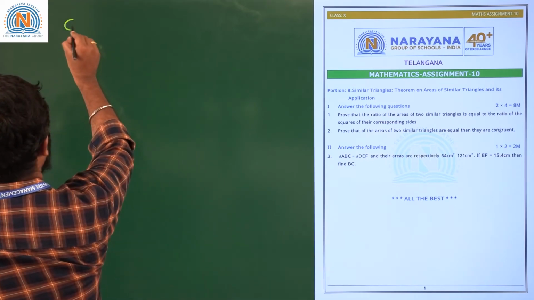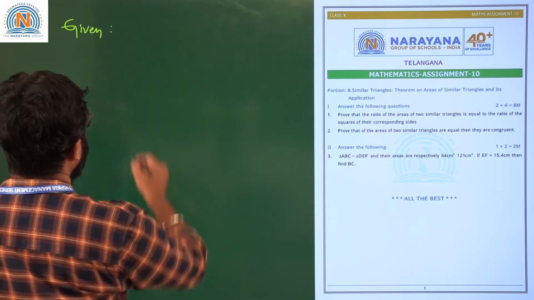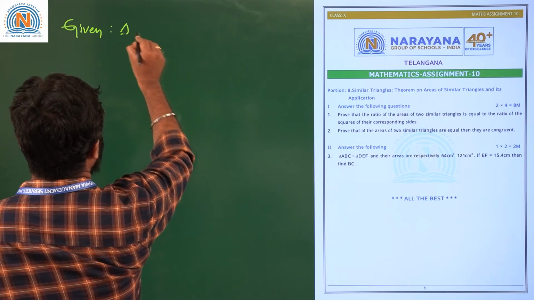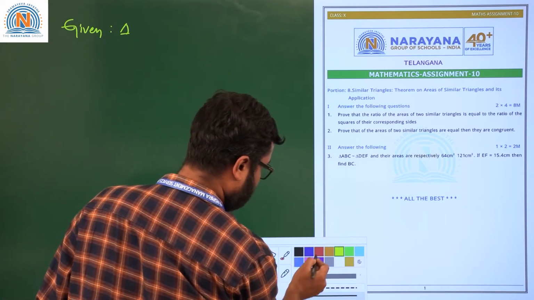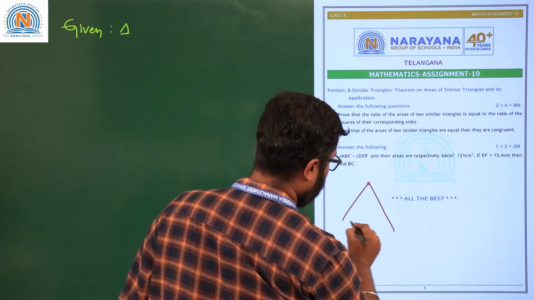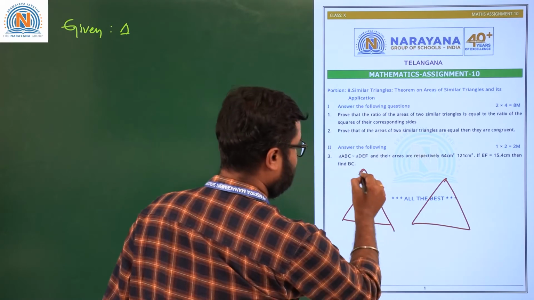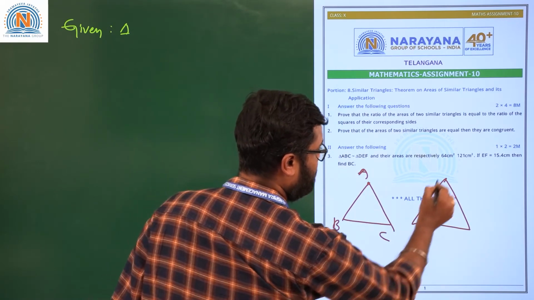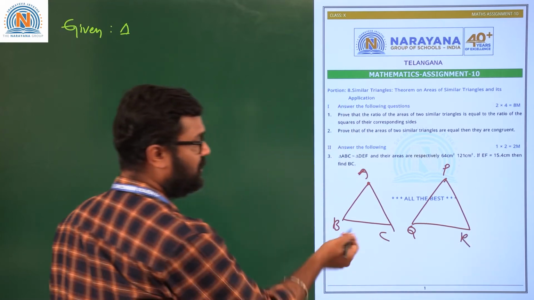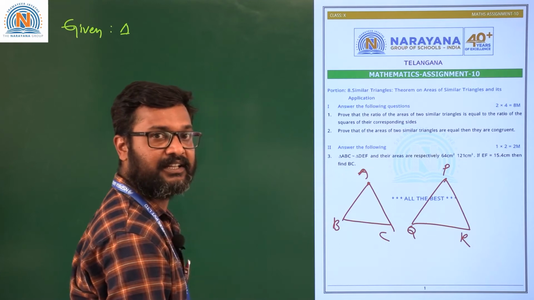Here given, what is given, children, here? What is given? Let's take two triangles here, children. That is, one triangle is ABC and another triangle is PQR. Now these two triangles are similar and also areas are equal.